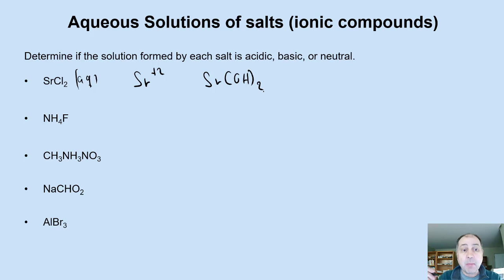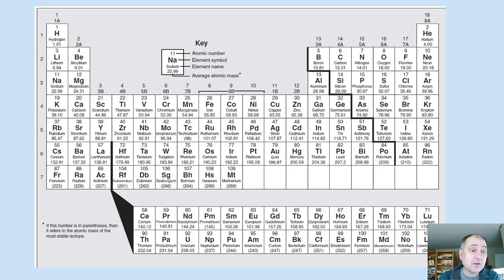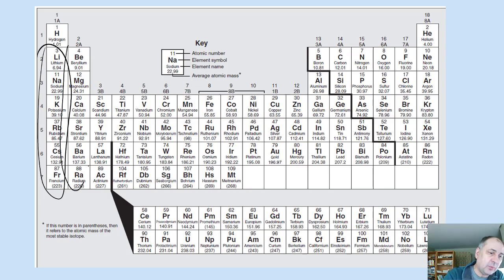And so if a metal acts as an acid, it would also be considered a Lewis acid. And so the group 1, the alkaline metals and the alkaline earth metals, none of them are Lewis acidic, meaning none of them will react and receive a lone pair of electrons. And so we're talking about this group here and this group here, strontium.